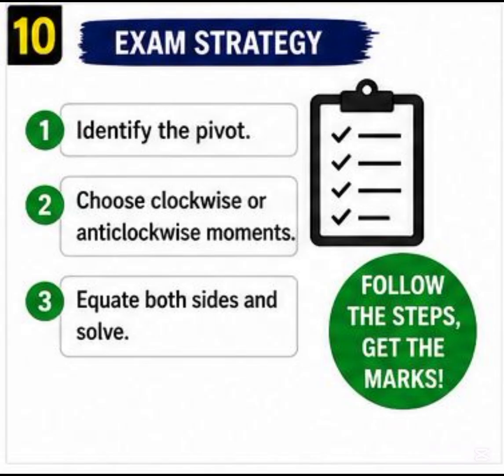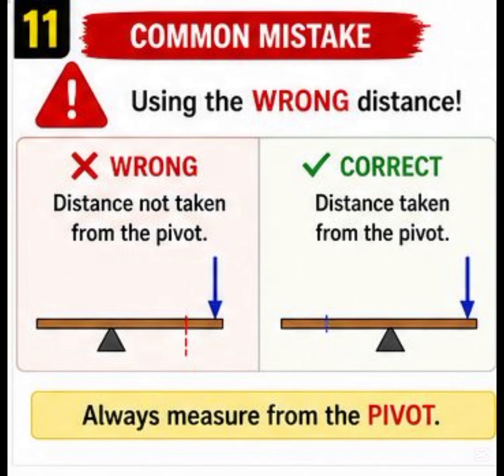You should always make sure that the perpendicular distance has been read from the pivot and not anywhere else. These are mistakes that most learners make, and at the end they miss the whole marks.